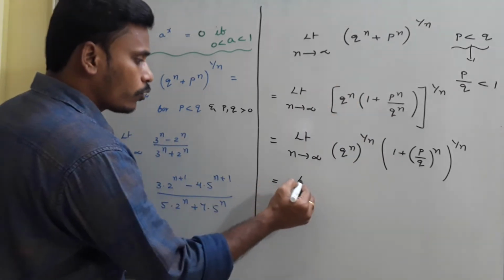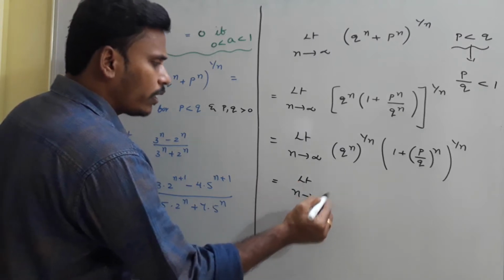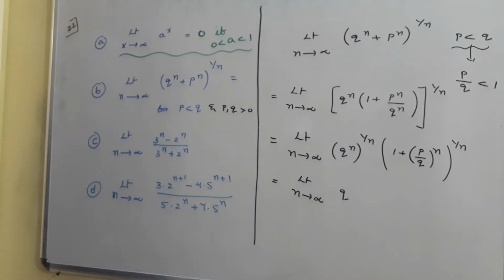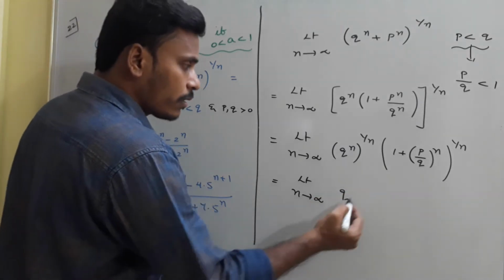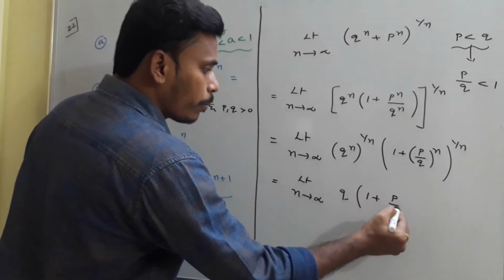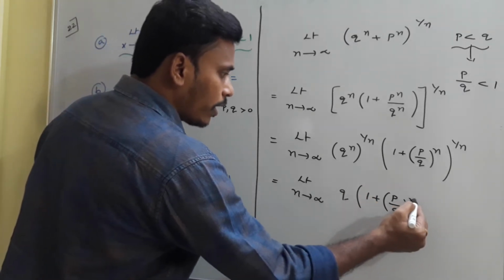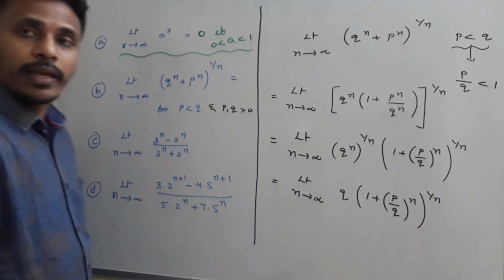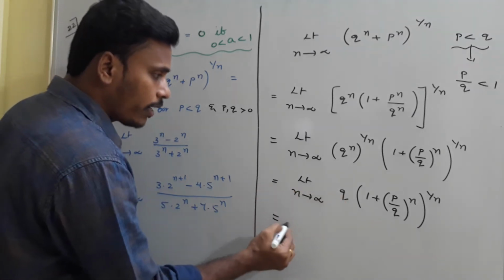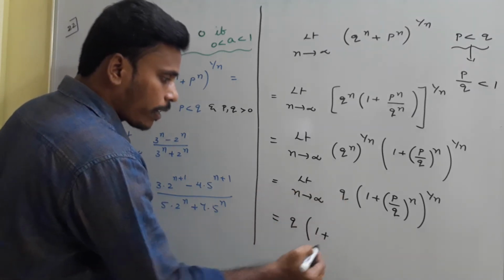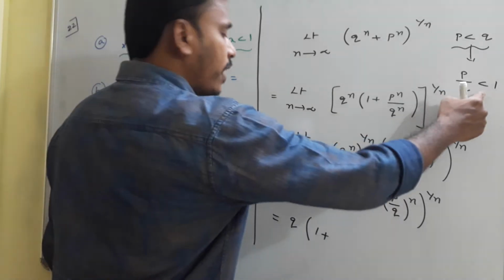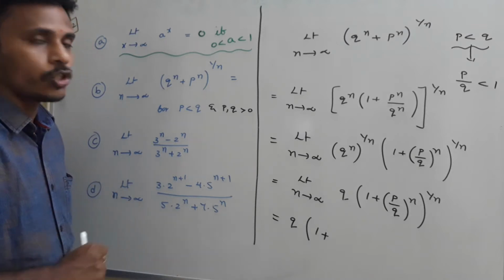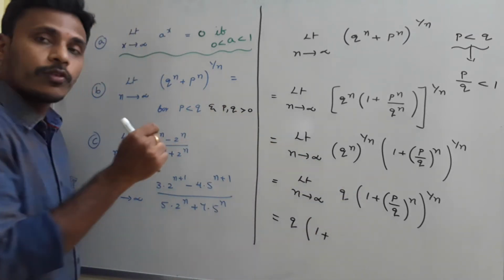So this is equal to limit n tends to infinity: (q power n) power 1 by n is simply q, and in this case we have (1 plus (p by q) to the power n) whole to the power 1 by n. As we are applying limit n tends to infinity, write this q outside. So q into (1 plus (p by q)^n)^(1/n). Since p by q is less than 1 and both are positive, p by q is in between 0 and 1.